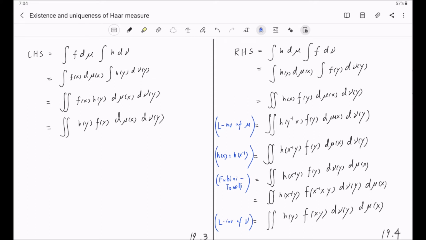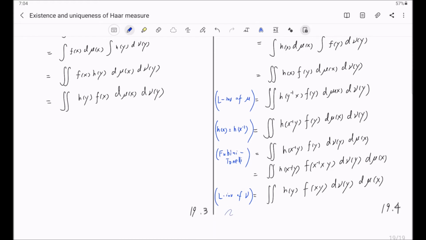So our next step will be to use the Fubini-Tonelli again to switch the order of integration. So now let's apply the Fubini-Tonelli again. This gives us the integration of the right-hand side that is in the same order as in the left-hand side.